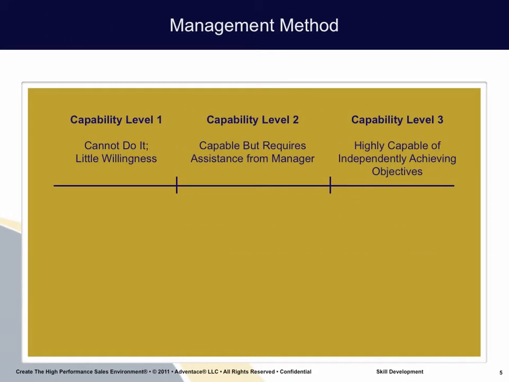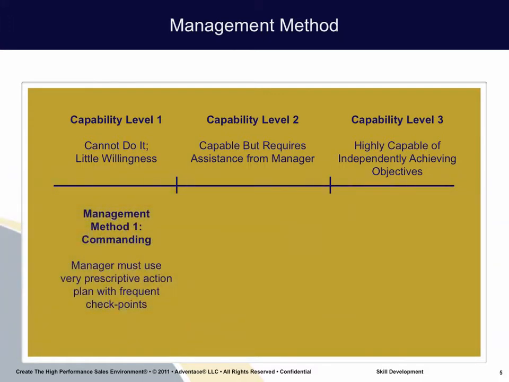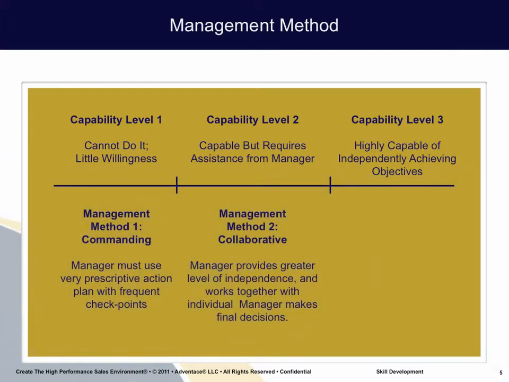Or, from a more formal method of management perspective, they should use a commanding management method for a level 1 performer, a collaborative method for a level 2 performer, and an empowering method for a level 3 performer. Thus, they're managing their seller appropriately given the capability of that seller.